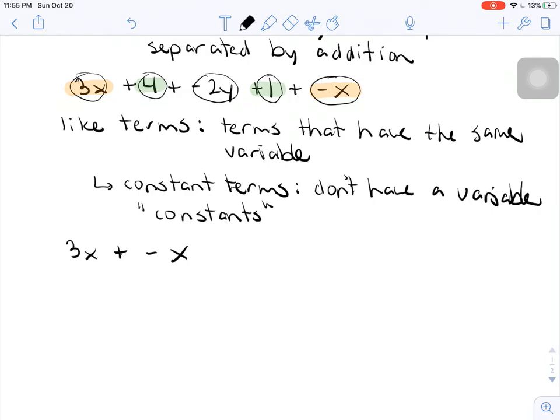So we can add those together. In order to add them together, we're not adding the x's. The x is going to stay there. What we're actually adding is something called the coefficient. The coefficient is the number in front of the variable that tells me how many of that thing I have.